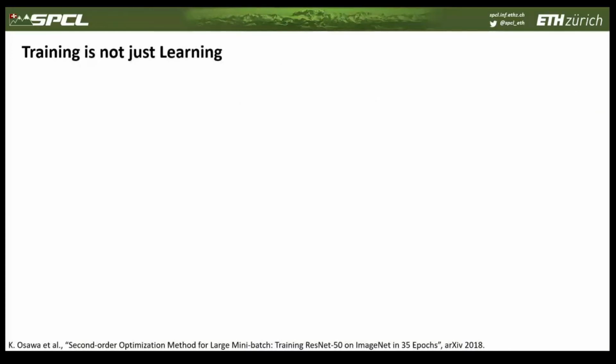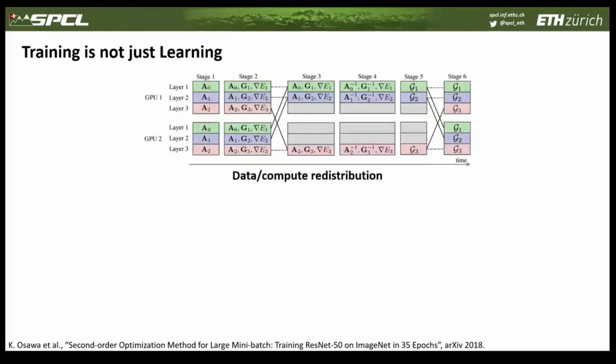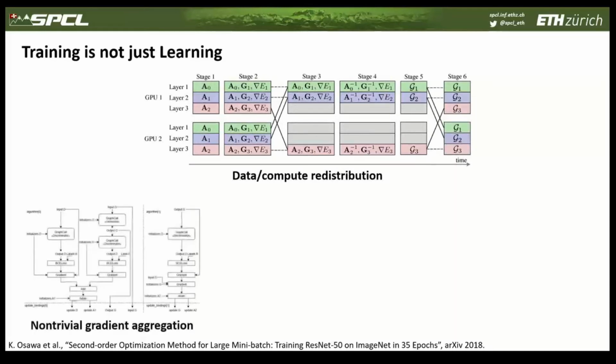And so these are just some examples of why training is not just the process of forward and back propagation. And there are many other things that I'm not going to get into. For example, for certain optimizations, you can redistribute the data. If you're training GANs, then you have some non-trivial relationship between one network and another network.